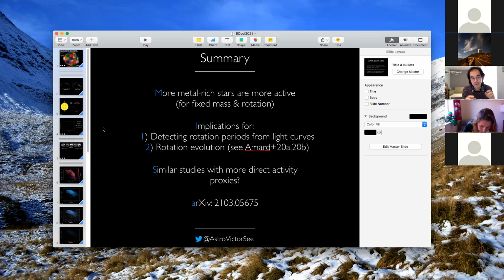Whereas Veronica's talk seemed to be more focused on the small scale near surface dynamo. I'm not a stellar structure person, and I think I saw Veronica's hand go up, so she might actually be able to tell you more about that. Veronica, you can chip in if you would like to.